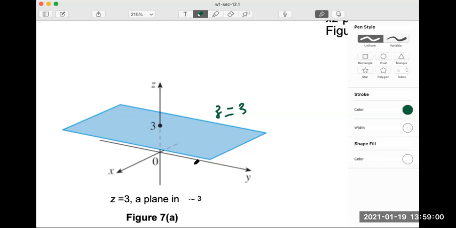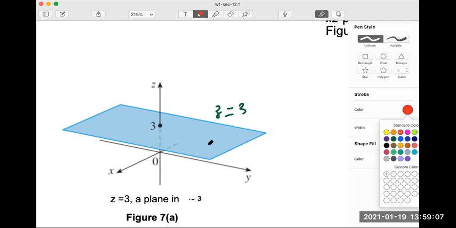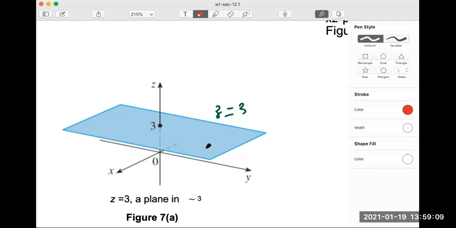Because any point on this plane, suppose it is here, no matter what values of x and y, they have the same z coordinate, right? We project from this point. So look at this line, the red line here.